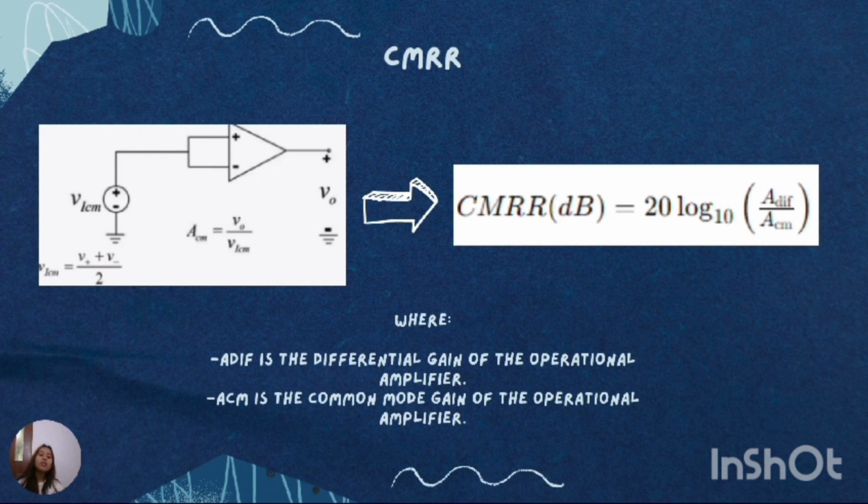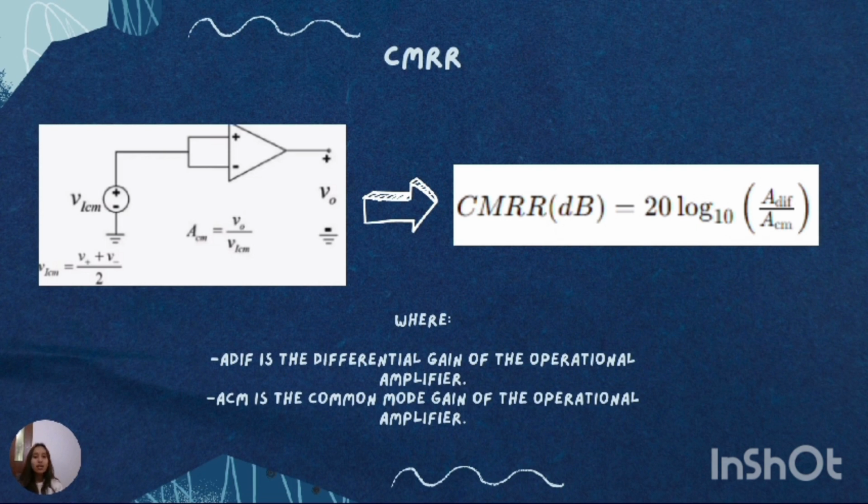The CMRR is an important measure of the ability of any operational amplifier to reject noise and unwanted signals that appear at both inputs at the same time, such as electrical noise induced by external electromagnetic fields.